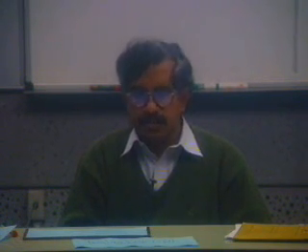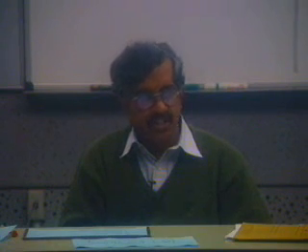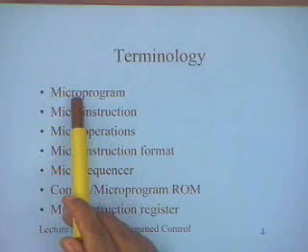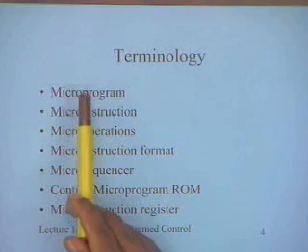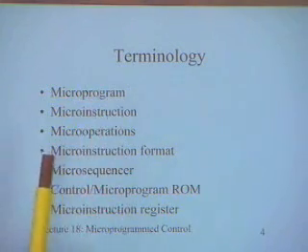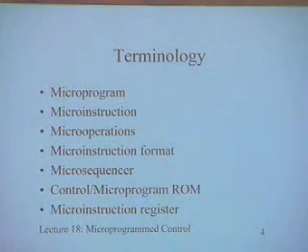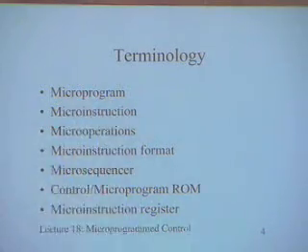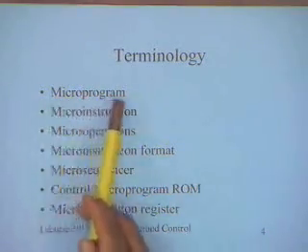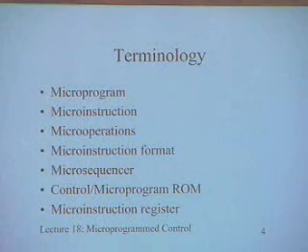But if you talk of a processor, then each instruction will go through a program for implementing each of the instructions, and that's the microprogram level. That's a level at which the parts of the components of the machine work, and this is called the microprogram.